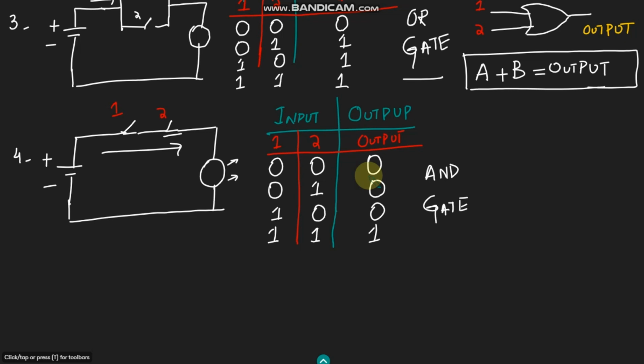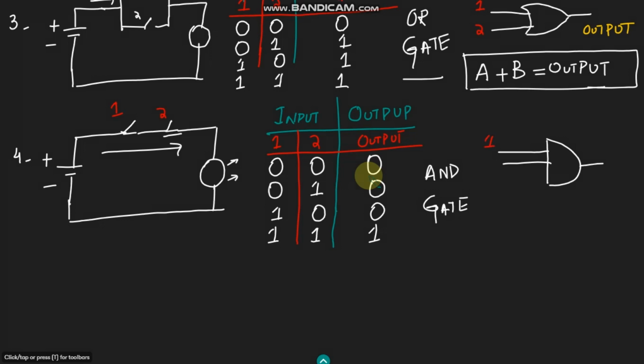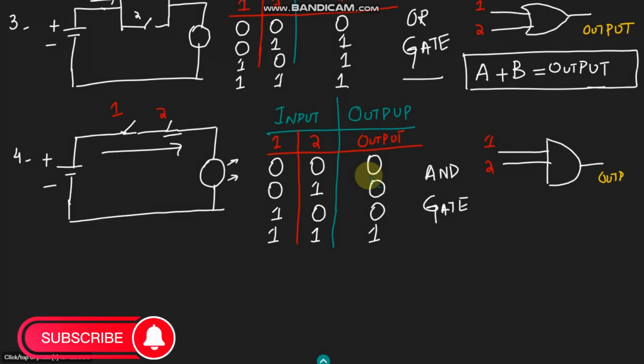Another very important gate, and that is called the AND gate, and it can also be represented symbolically by this. So that is the schematic symbol of this AND, where this is 1, this is 2, and we have this output.